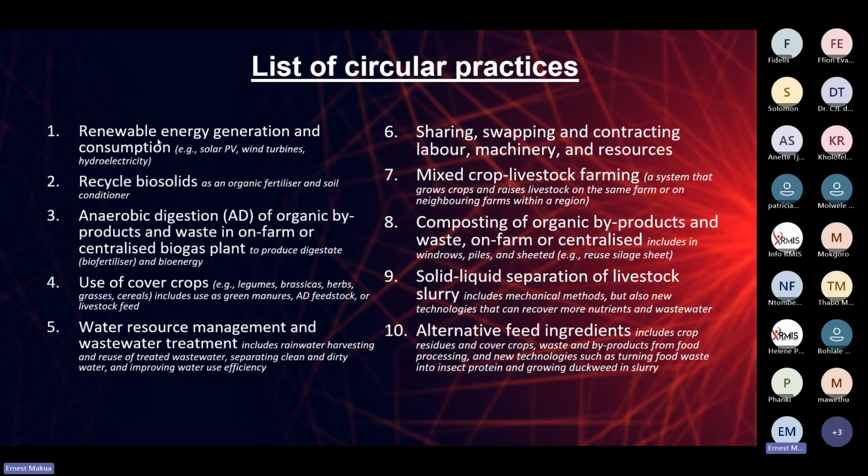Right. And the seventh one speaks to mixed crop-livestock farming. How many of the farmers that we have in the country are using a mixed crop-livestock farming system on their farm? This is very central in terms of circularity of nutrients, because if you are using mixed crop-livestock farming, particularly for cattle, you can crop some maize and so forth.